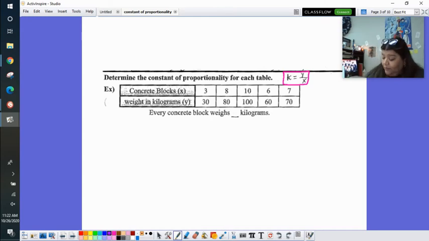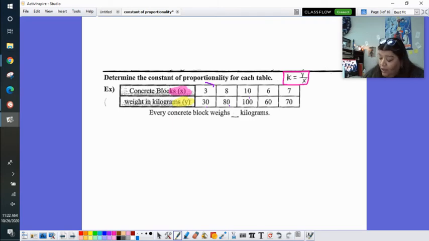Okay, let's take a look at the wording here. Concrete blocks is your X, and weight in kilograms is your Y. Okay, so that's what you're dividing. Y divided by X. You can pick any set of numbers. I can do the 3 and 30, I can do the 8 and 80, the 10 and 100, the 6, whichever one you want.